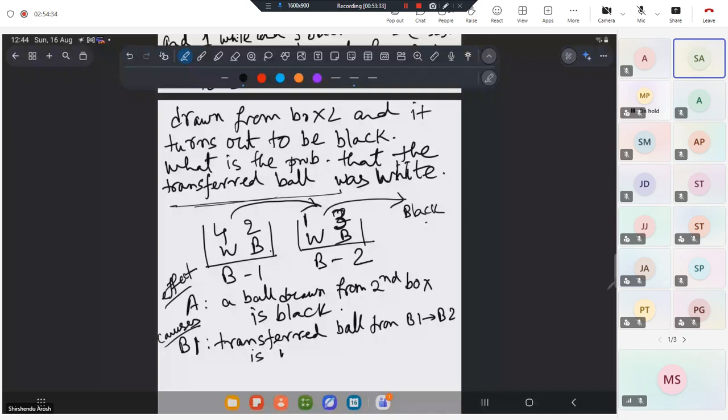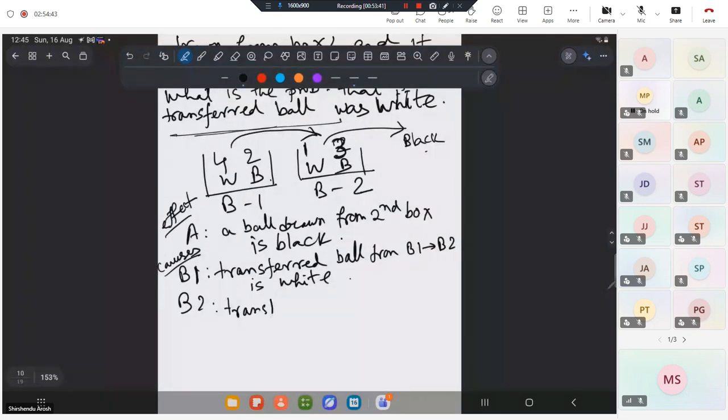The second cause would be that the ball transferred from B1 to B2 is black.